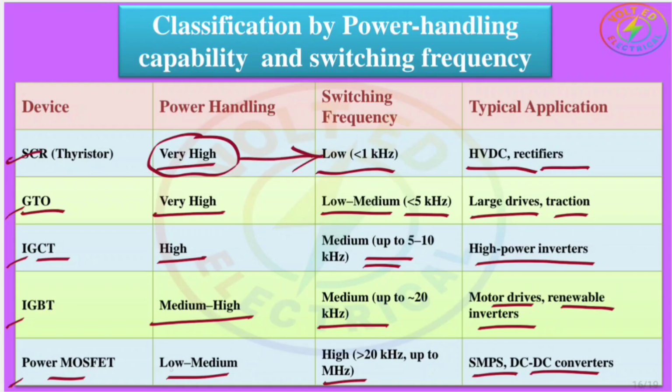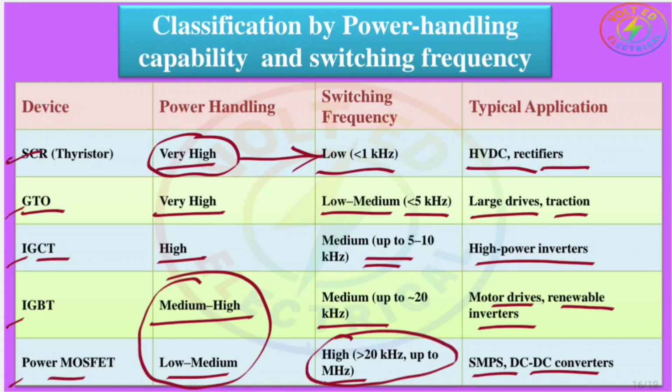Similarly, if we compare MOSFET and IGBT, MOSFET has very high switching frequency, but its power handling capability is less than that of IGBT. IGBT has very high power handling capability, more than MOSFET, but its switching frequency is less than MOSFET. So according to our application, we can choose the devices.